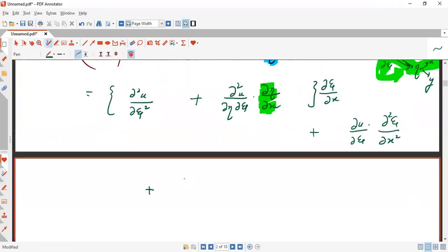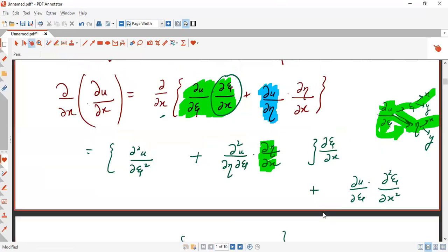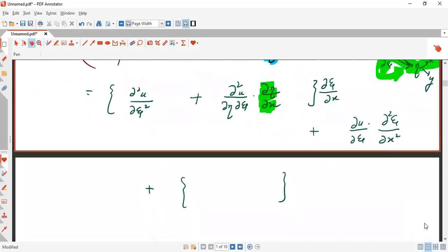Plus, again let's apply the product rule. Del eta upon del x as it is. Then again, if I differentiate with respect to x, it will become del square eta by del x and del u by del eta as such, according to the product. Plus del u upon del eta into del square eta upon del x square.